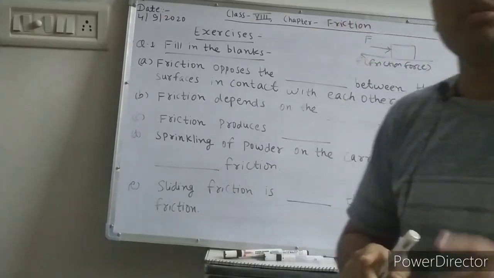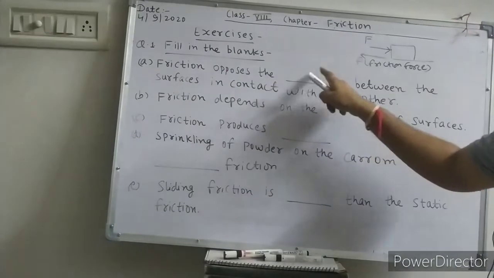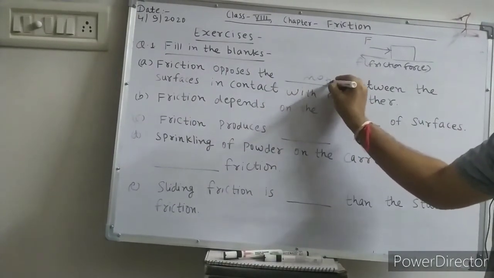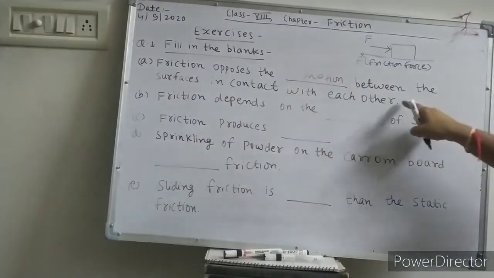So friction opposes the motion of the object, between the surfaces in contact with each other.